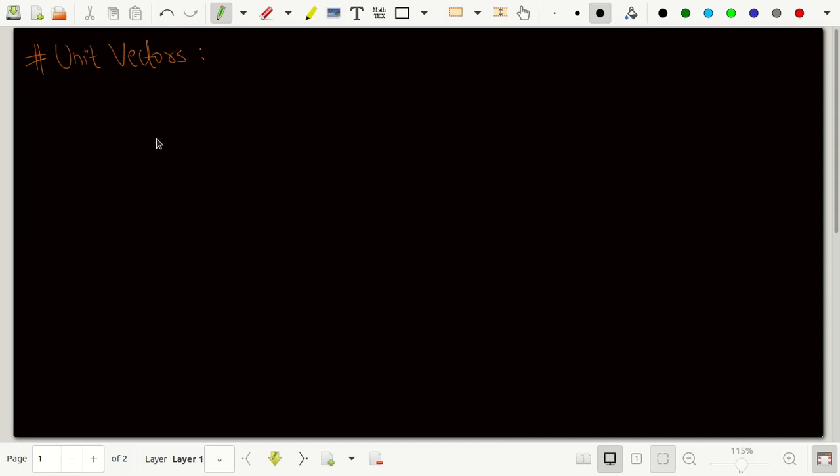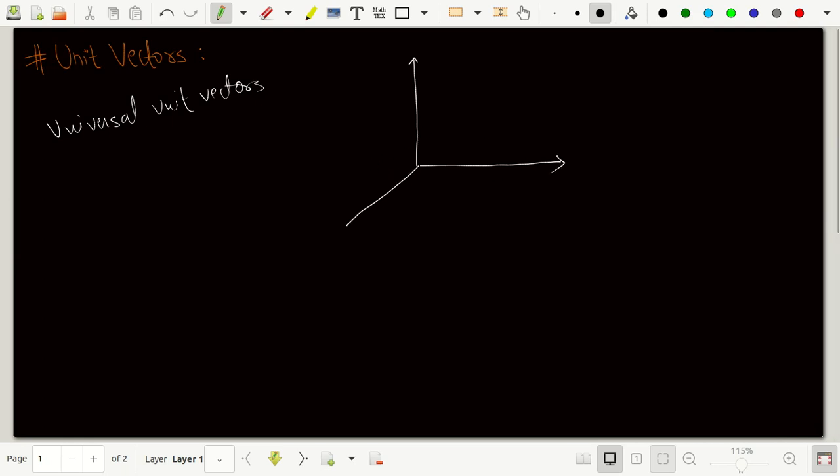Next we shall investigate certain things. We have universal unit vectors. So what are universal unit vectors? Basically, we know that x, y, z, the axes, form the Cartesian system. If I take a 2D representation, or let's say I make a third axis, this is my x axis, this is my y, and this is my z.